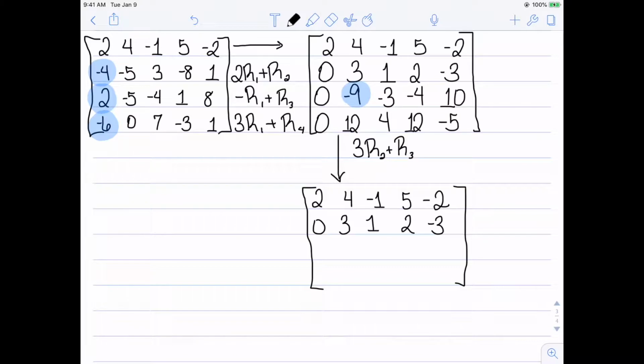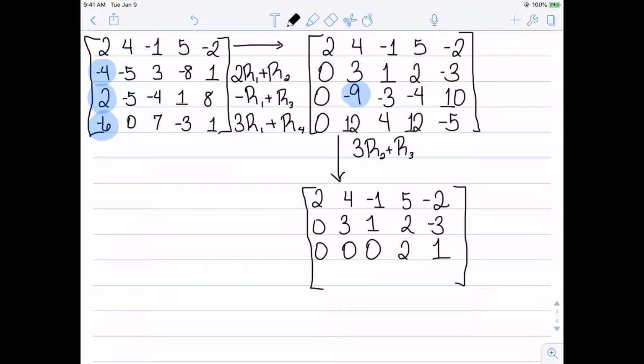So 3 times 3 is 9, minus 9 is 0. 3 times 1 is 3, minus 3 is 0. 3 times 5 is 15, minus 4 is 11. 3 times 2 is 6, minus 4 is 2. And 3 times -3 is -9, plus 10 is 1.